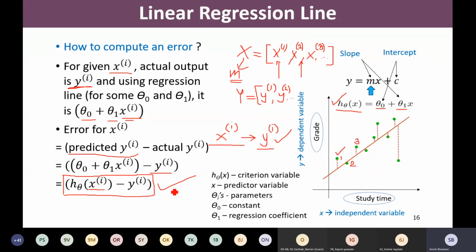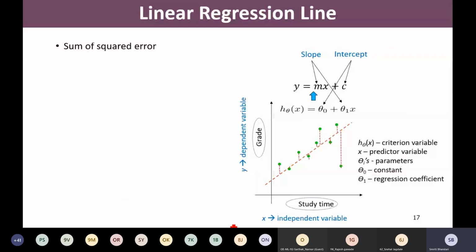Yes. Fine. So we are now able to compute the error for an individual ith sample, and this is given as h theta xi minus yi. Okay. Now let us proceed with our error function. This error function we have seen earlier also in unit number 1, but let us once again discuss this.